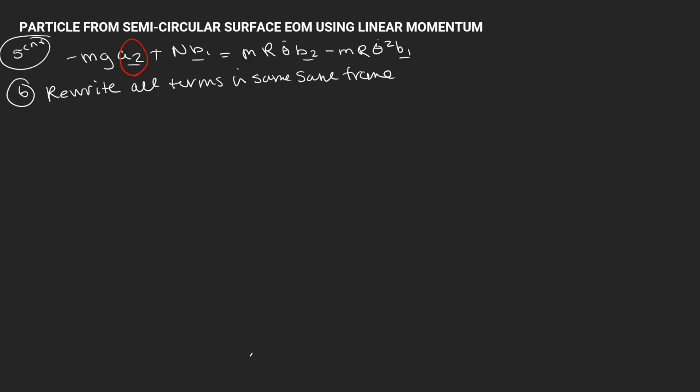So to do this, recall that we have written the relationship. I think this is in week 2 notes. The relationship between the A1 and A2 unit vectors and the B1 and B2 unit vectors. So here we're going to write out the relationship so we can plug in A2 and get it in terms of B1 and B2.